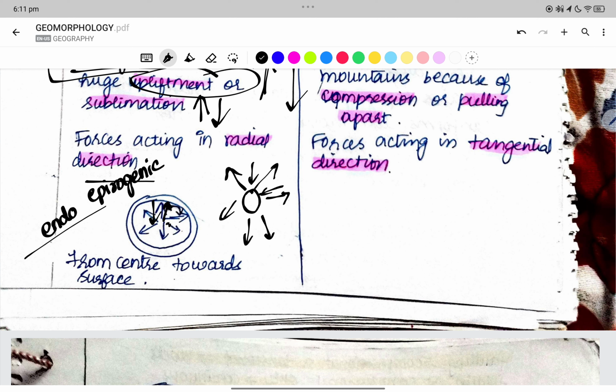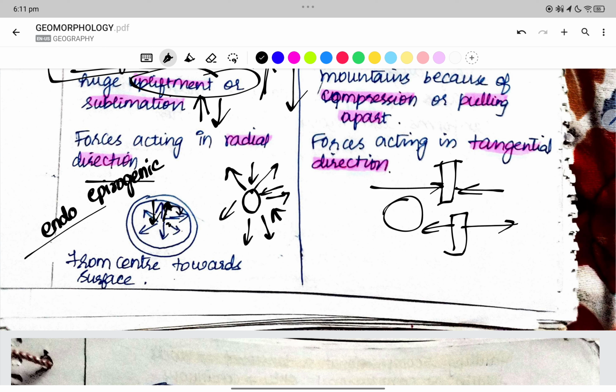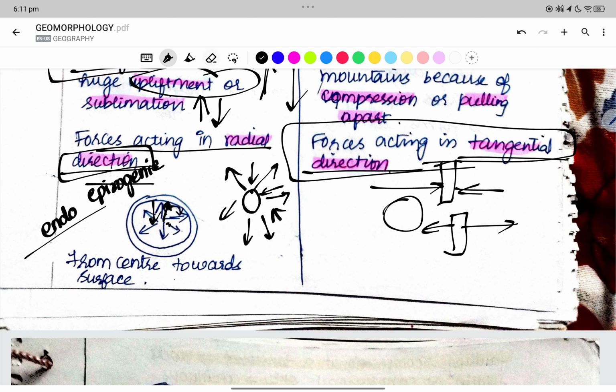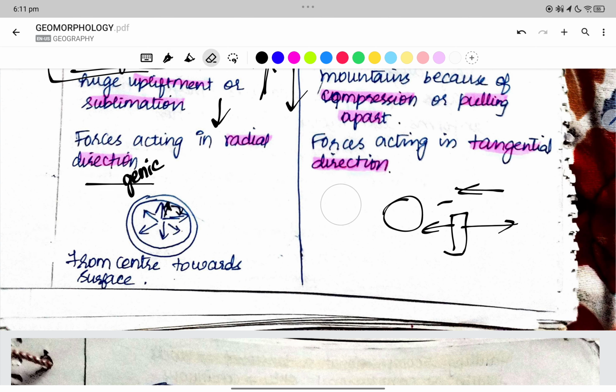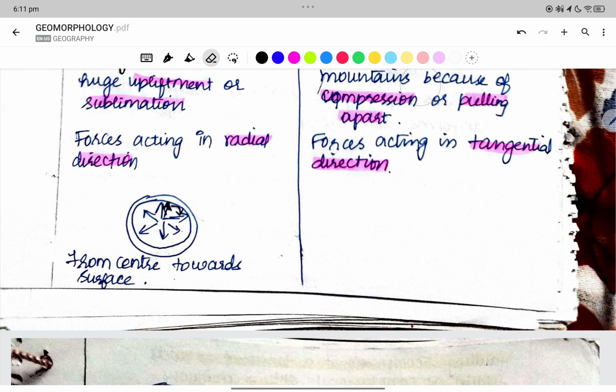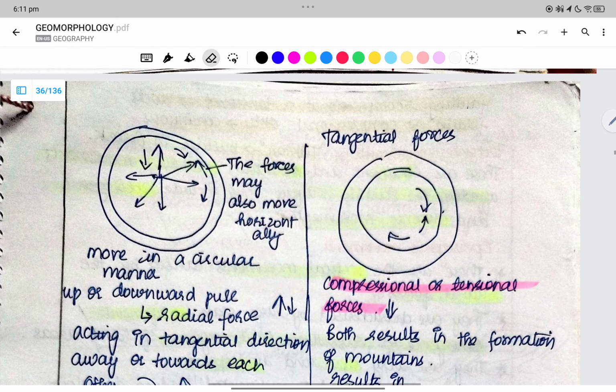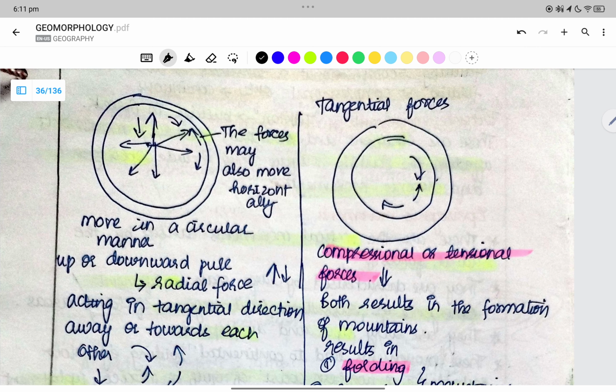So these are radial forces, and this is the interior of the earth, while this is compression, and this is pulling apart. So this is the tangential direction. These forces are in the radial direction, and here we have the tangential direction. Can you see the tangential direction and radial direction? These forces also move horizontally.